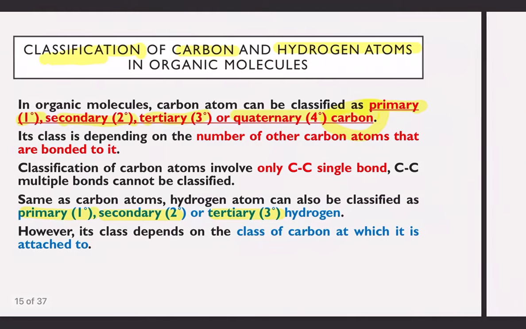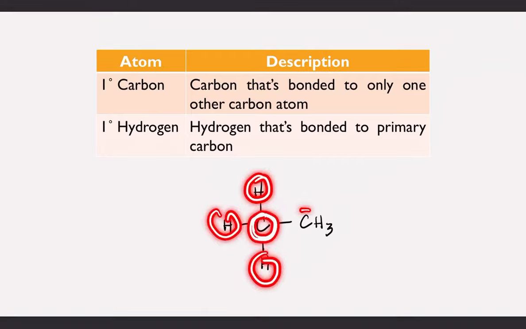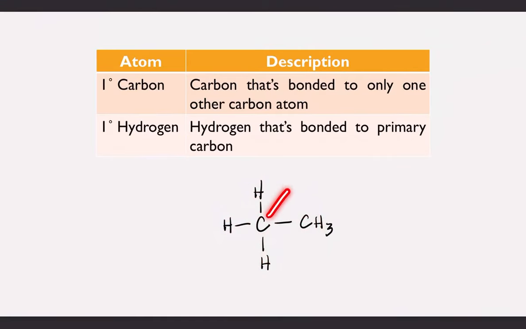Okay, so let's first look at this molecule here. Let's look at this carbon. This carbon is attached to 1, 2, 3 hydrogens and 1 carbon. So that means this carbon is a primary carbon. Okay, how about this carbon? How many carbons is it attached to? Just 1 as well.